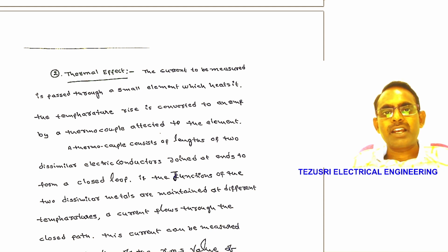If the junctions of the two dissimilar metals are maintained at different temperatures, a current flows through this closed path. This current can be measured and is indicative of the root mean square value, that means the RMS value of the current flowing through this heating element. This principle is utilized in thermal effect instruments.